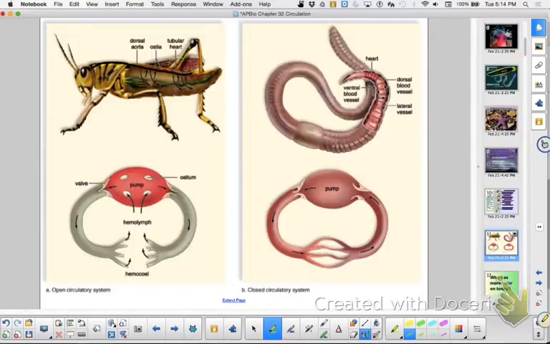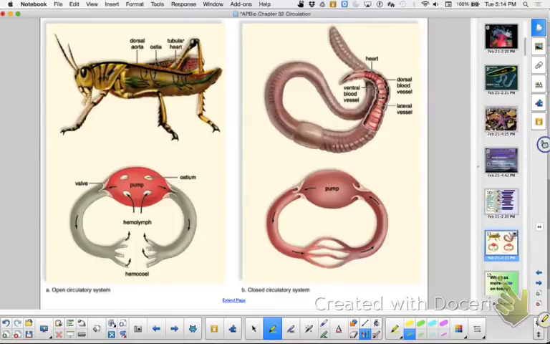And what happens is he gathers that hemolymph in this long tubular vessel that runs along dorsally. Then he squirts the fluid out at the anterior end, and then it just kind of oozes through his body. So it doesn't stay inside of a vessel all of the time. That's referred to as an open circulatory system.